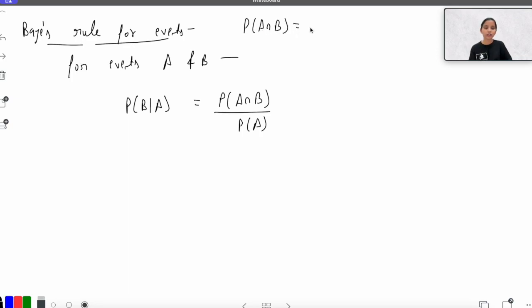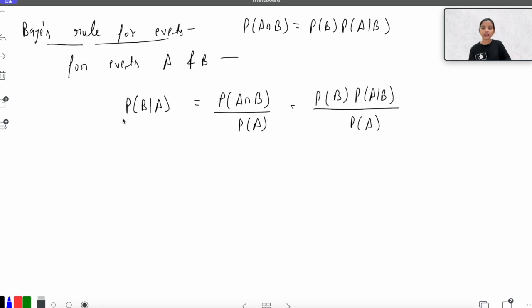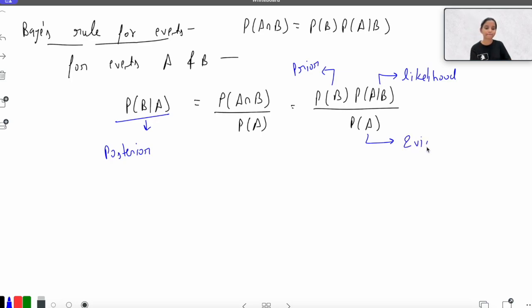You can write this as probability of B times probability of A given B, upon probability of A. Here, this term is my posterior probability corresponding to event B. This is my prior information about the event, probability of A given B is the likelihood, and probability of A is my evidence.